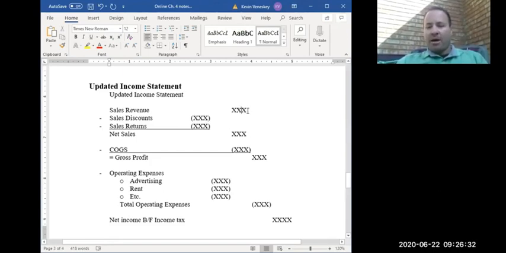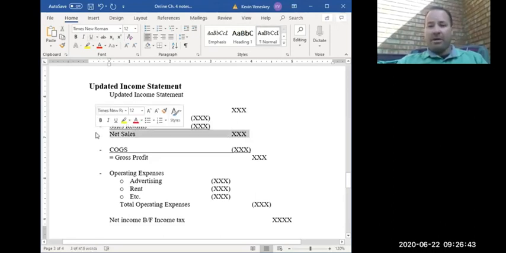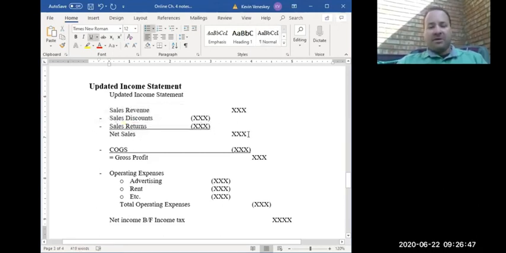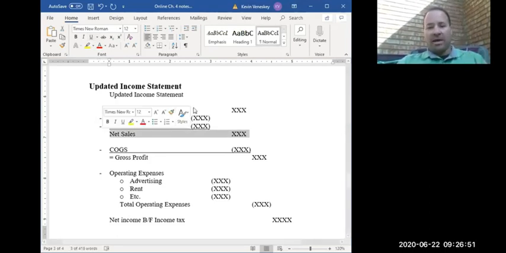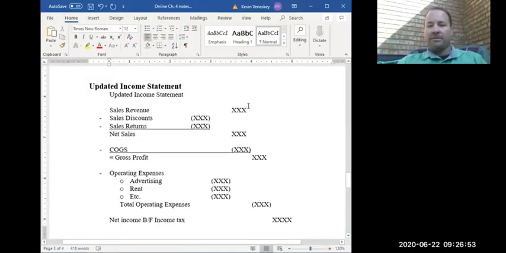So if we had $100 and we gave a $5 discount and then maybe $10 in returns, we really only made a net sale of $85. We didn't really make $100 in sales.